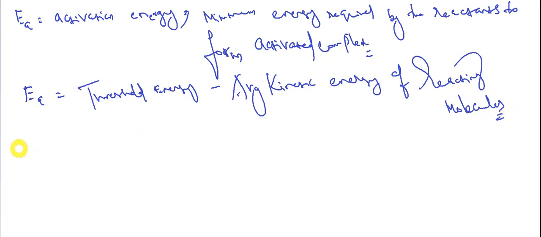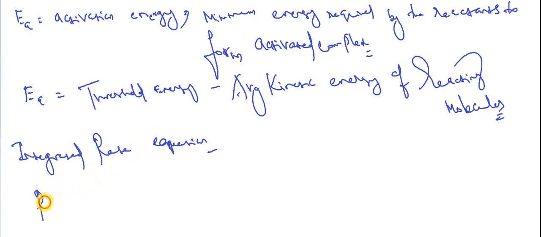And the important topic in kinetics is the integrated rate equation. In the order of the reaction, we have first order, second order, and the pseudo first order is also most important.